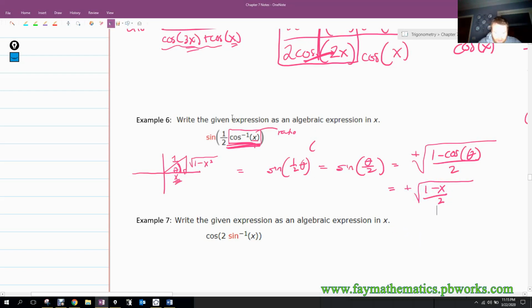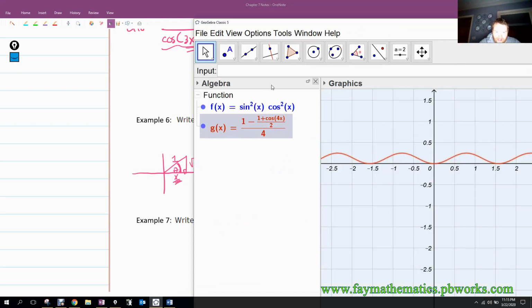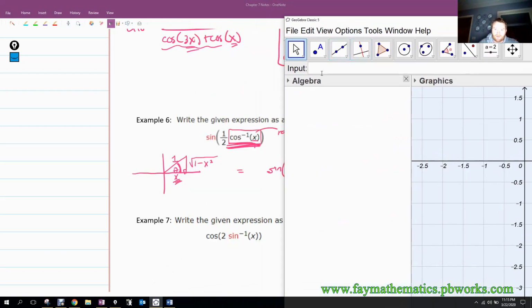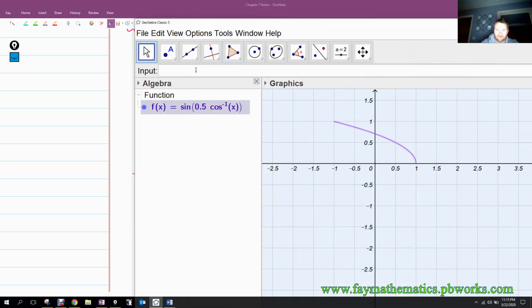And now you see what we've done is we've taken something that was trigonometric and rewritten it so it is purely algebraic. Let's just see if they give us the same thing. So I'm going to graph sine of 1/2, so I should put 0.5, and then arc cosine of x, and we get that curve there.